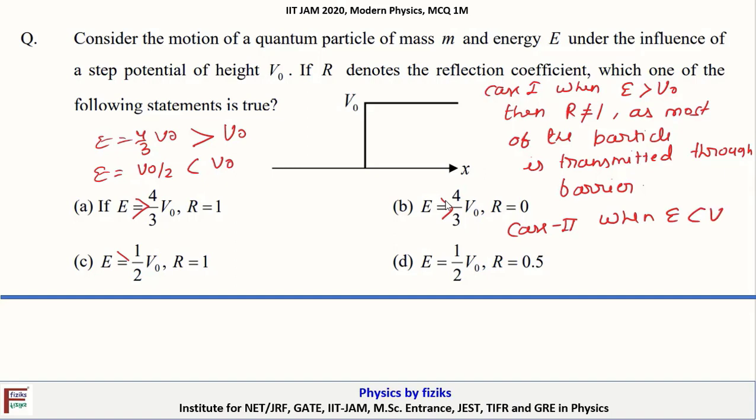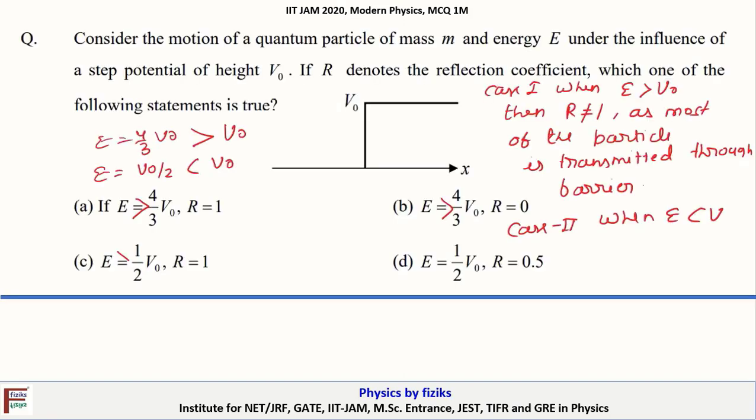Now writing the Schrödinger equation in this region, let us discuss case 1 again using the Schrödinger equation. So case 1, region second. This is the first region, this is the second region.